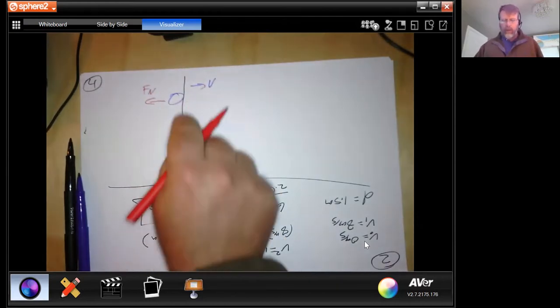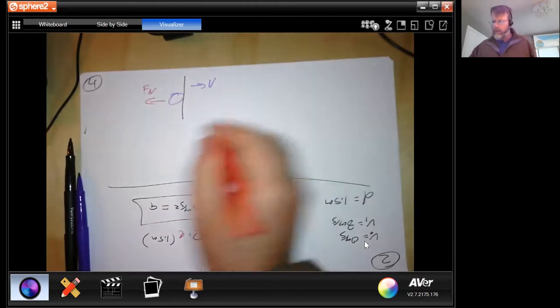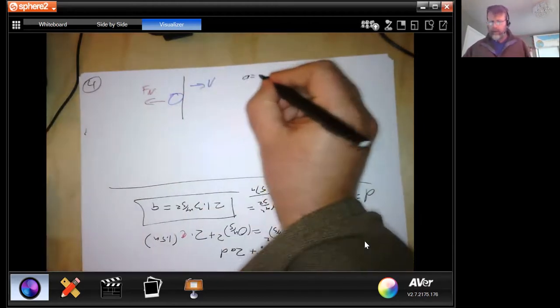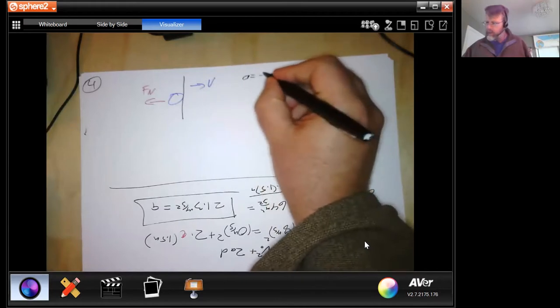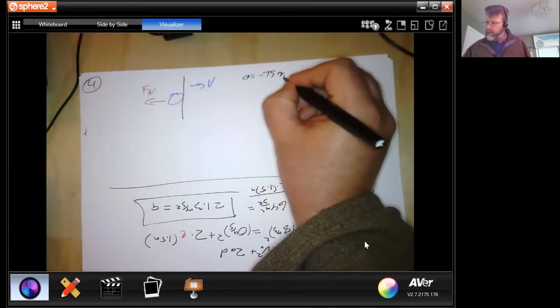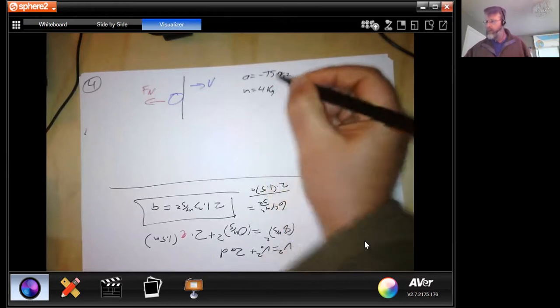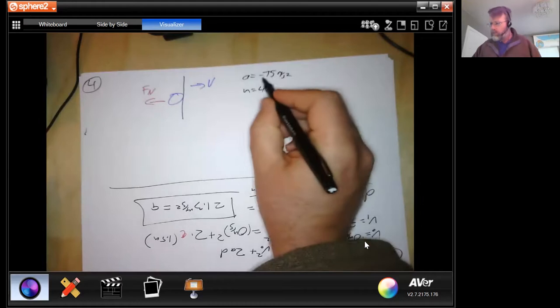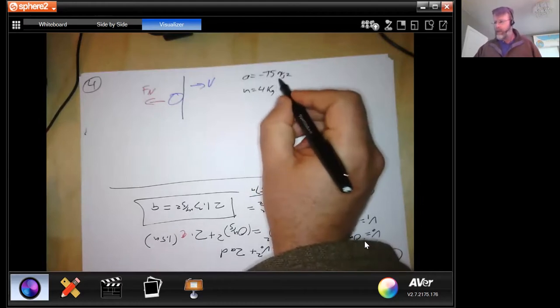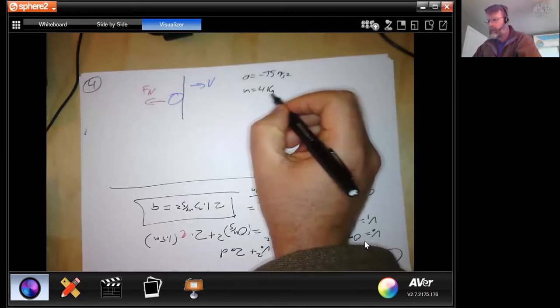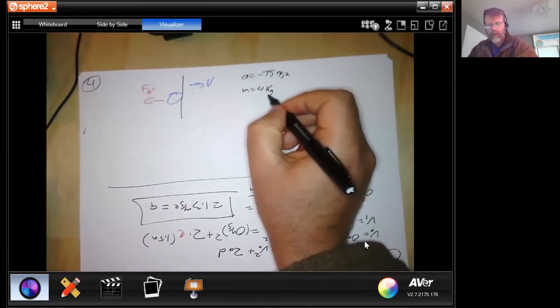When it does that, we have an acceleration of negative 75 meters per second squared and a mass of 4 kilograms. So it is really slamming into the wall, and it's a fairly heavy bowling ball. As bowling balls go, not too heavy though.